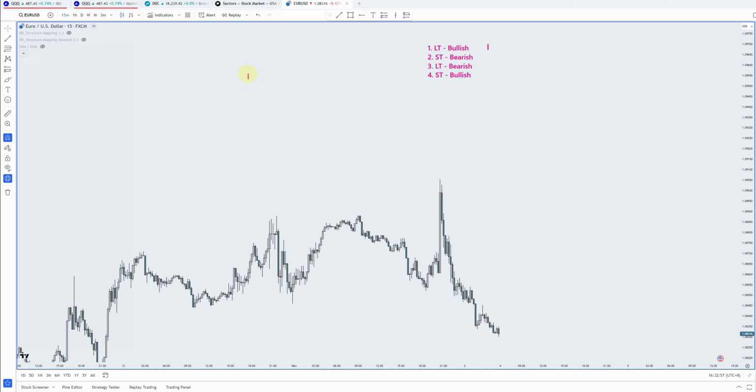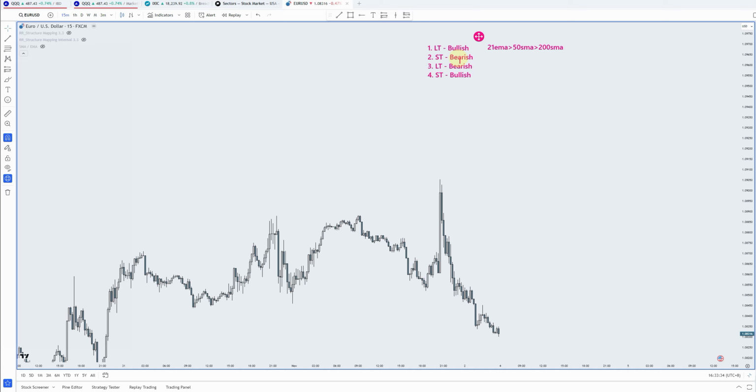Long-term bullish is when 21 EMA is greater than 50 SMA and 50 SMA is greater than 200 SMA. This is what we call the long-term bullish trend.